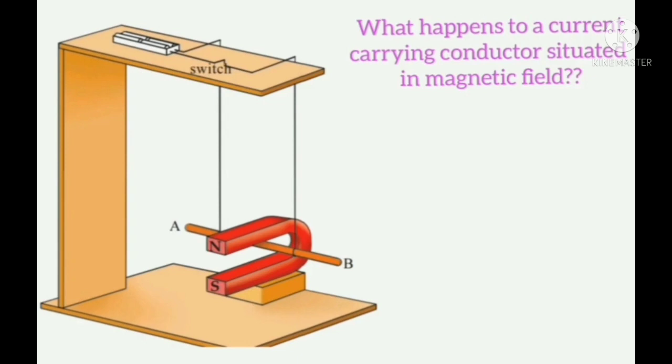The figure shows a copper wire suspended between the pole pieces of a U-shaped magnet using thin conductors in such a way that the wire is perpendicular to the magnetic field and it is free to oscillate in the magnetic field.